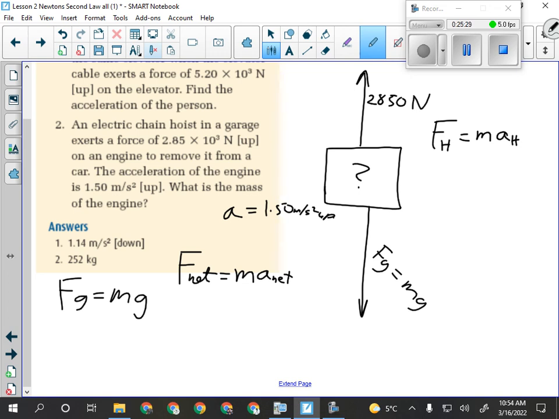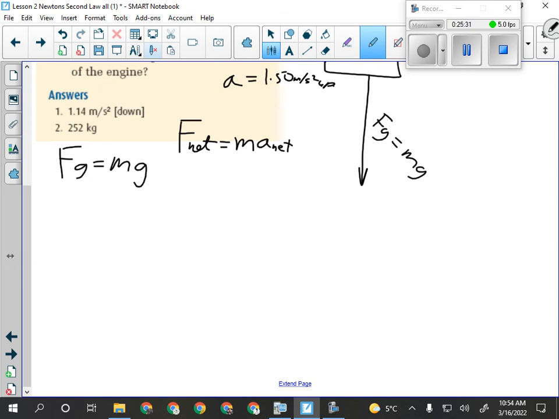So here's what I'm going to set up. We know that F net is the vector sum of all forces. In this question, that's the force of the hoist plus the force of gravity. Now, I'm going to expand this out. F net is mass times the net acceleration. The force of the hoist is mass times the acceleration of the hoist.